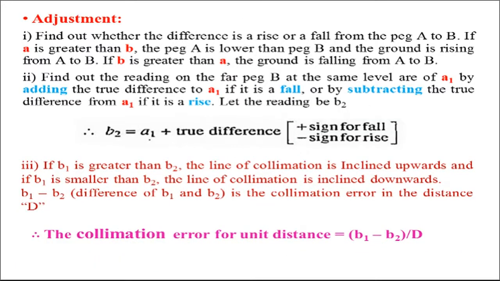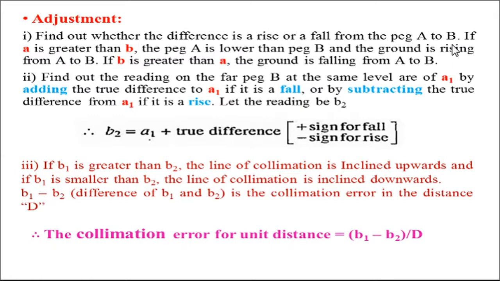If the line of collimation is inclined, then we have to go for adjustment. For adjustment, the various steps are: first, find out whether the difference is a rise or a fall from peg A to B, by subtracting the readings.